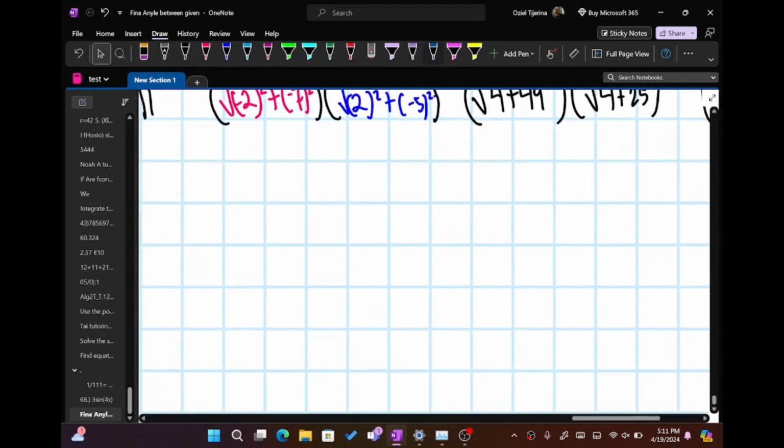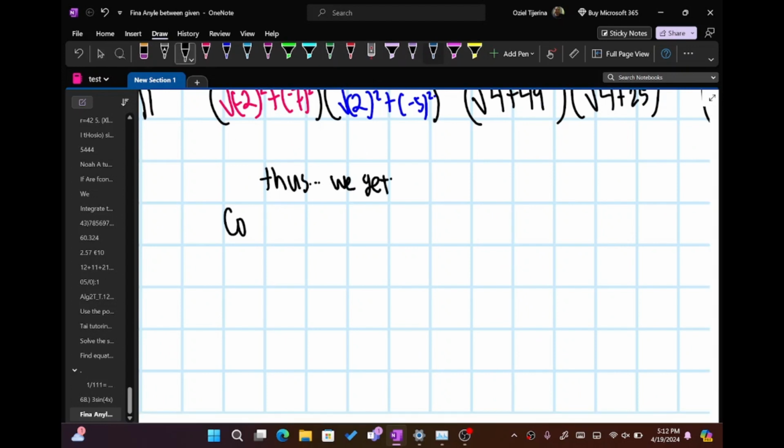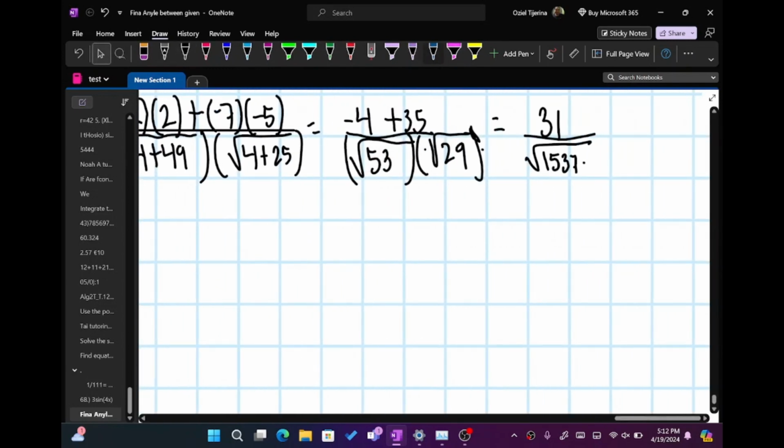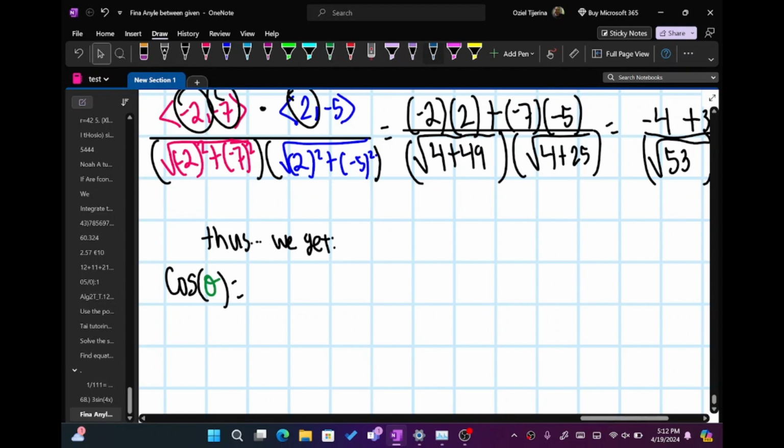Now what you're gonna do is say, so therefore, thus, we get cosine of theta is equal to 31 over the square root of 1537.